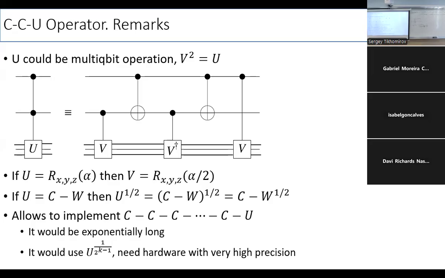And in that case, if I do controlled V to the power 1/2, controlled V to the power 1/2, then it would be controlled V. So this is together.